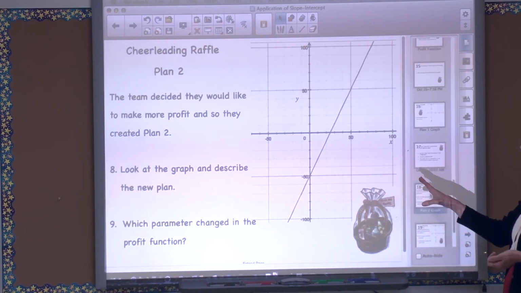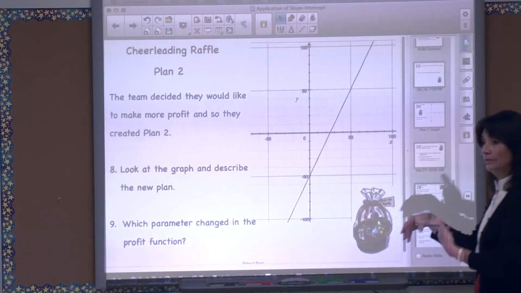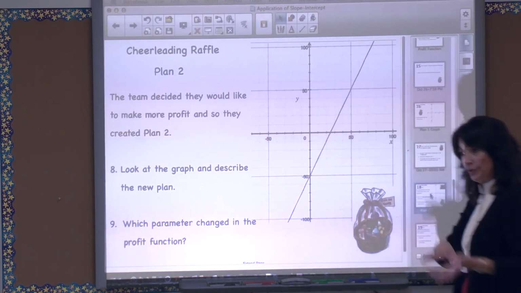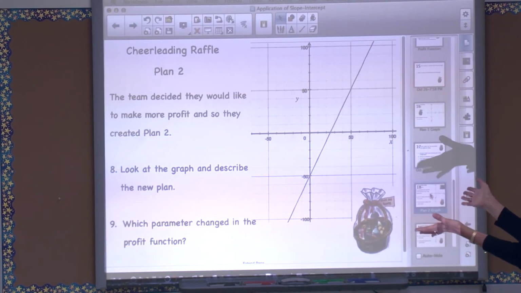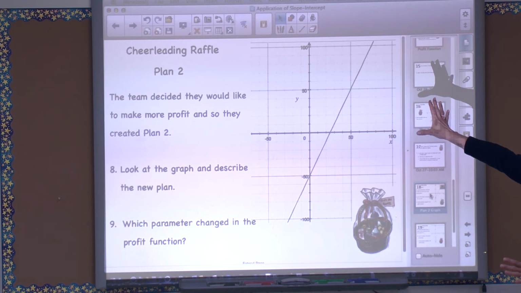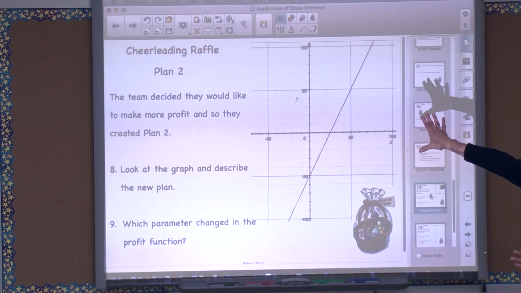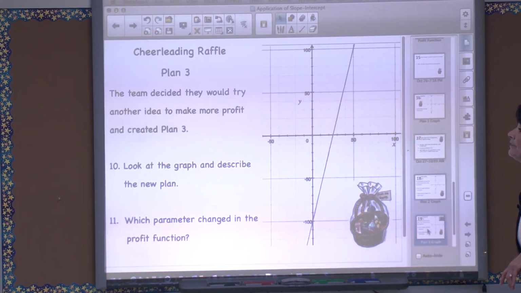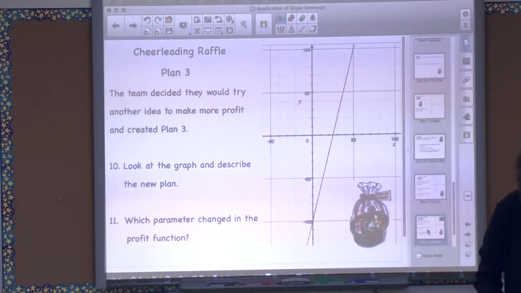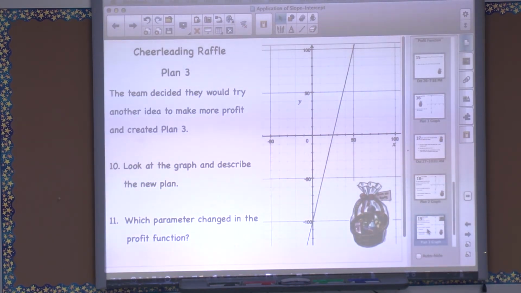Something could have changed, a parameter or component in the original profit function, so describe what's different about this one. Now we have cheerleader 3, who came up with a different plan. I want you to compare this with Plan 1 and say what's different about it. So you're going to look at those 3 plans.